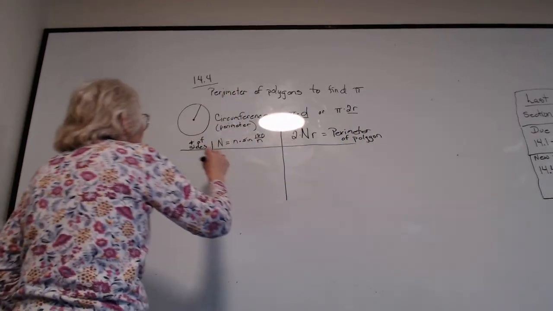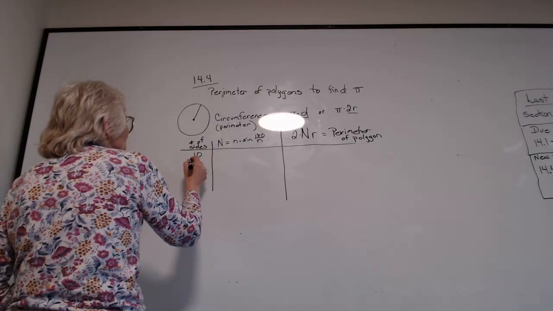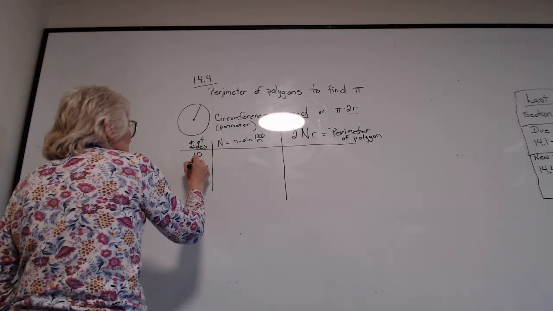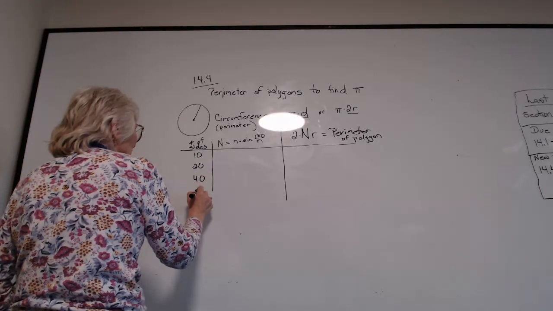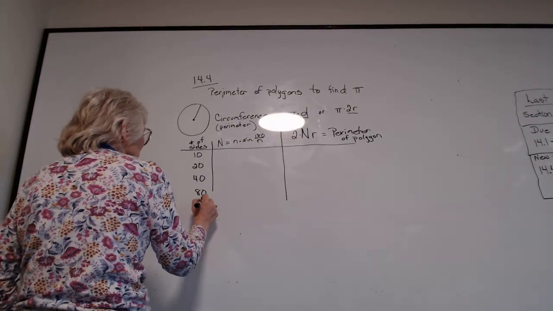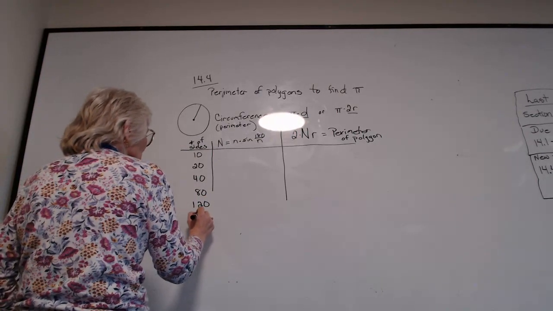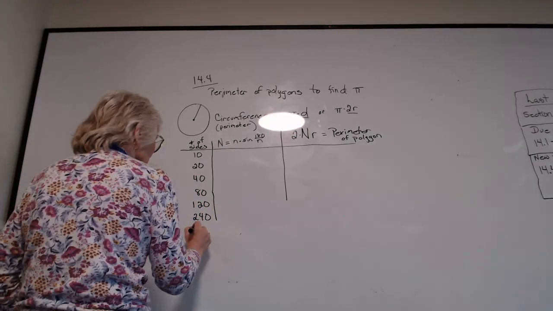Okay, so we're going to start with 10 sides. Then we're going to go up to 20, 40, 80, 120, 240, and 360.